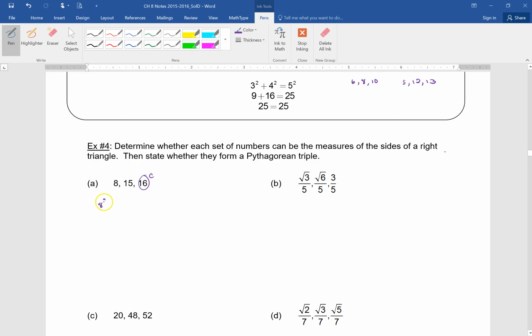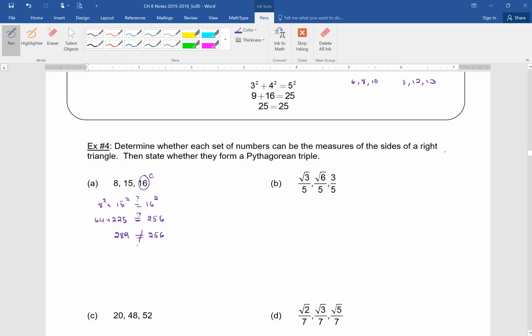So we say, is 8 squared plus 15 squared equal to 16 squared? Here we get 64 plus 225. Is that equal to 256? On this side we get 289, and on this side 256, so they're clearly not equal.